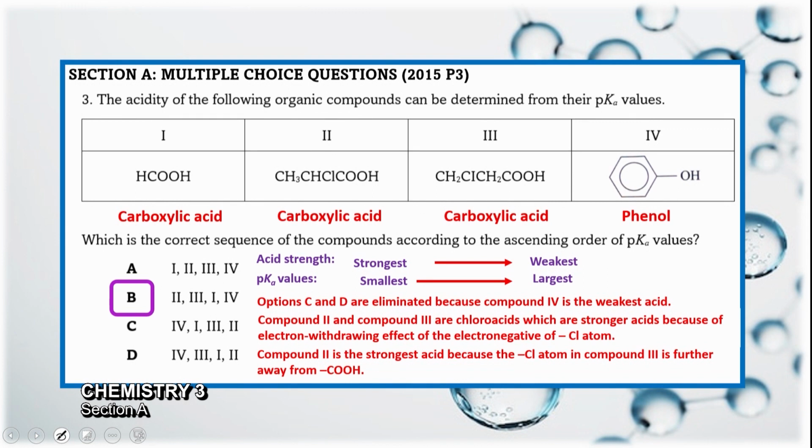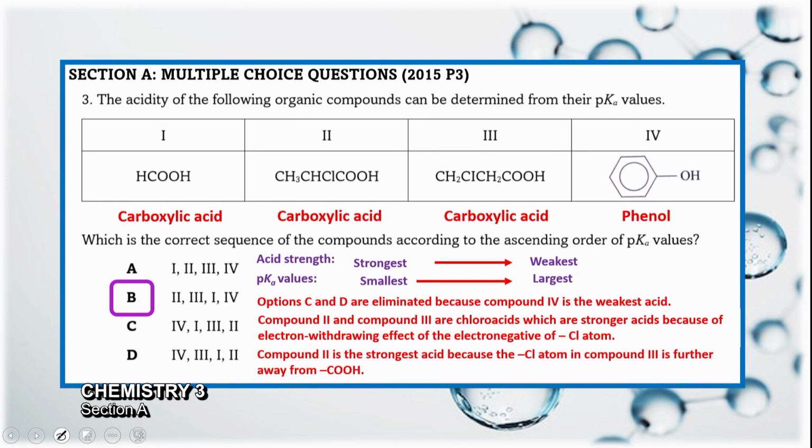And for compound 2, that is another carboxylic acid with a chlorine atom at carbon number 2. And then the third compound, that is another carboxylic acid where the chlorine atom is at carbon number 3. And the last compound, the fourth compound, that is a phenol. Phenol is an aromatic compound with the benzene ring.